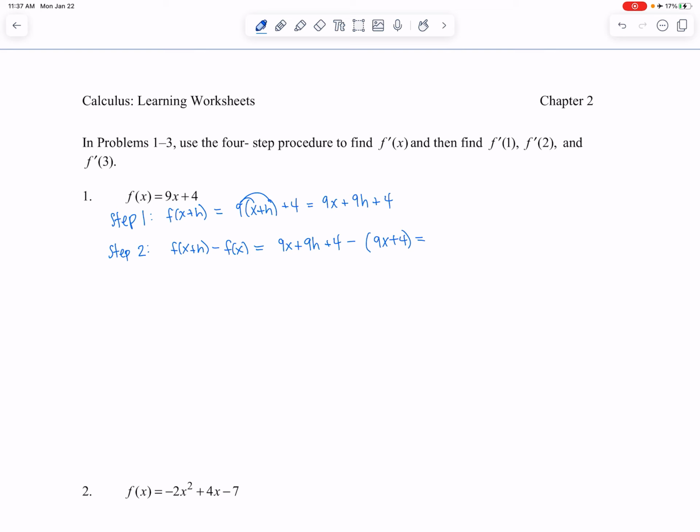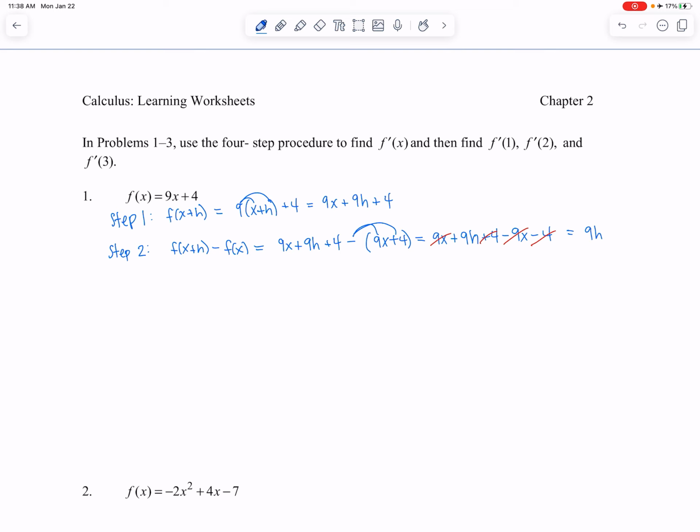And the first thing I do is distribute that negative out so that I don't forget that anybody has a negative. 9x plus 9h plus 4 minus 9x minus 4, which is really nice because 9x minus 9x, 4 minus 4. So we're left with 9h.